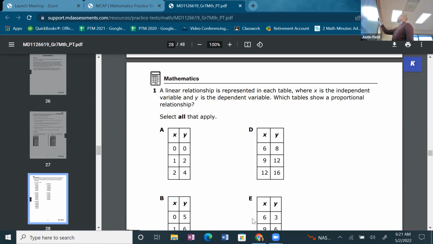A linear relationship is represented in each table where X is the independent variable. You should know about independent variables. And Y is the dependent variable. Also, we could call the independent the input and the dependent the output. Which table shows a proportional relationship?